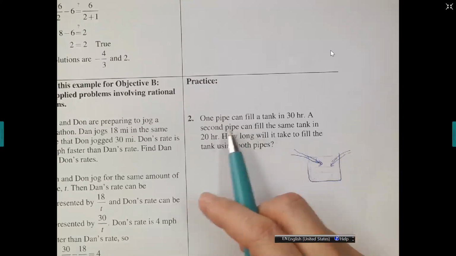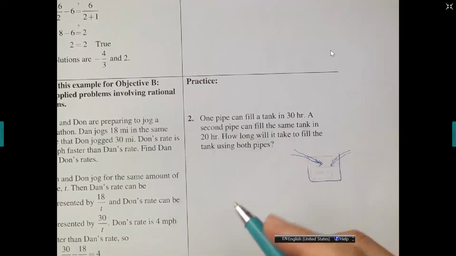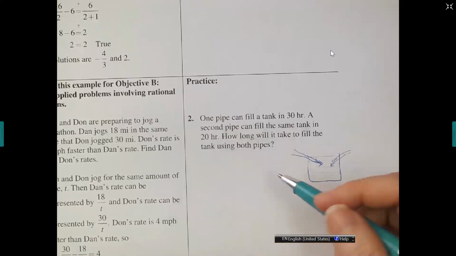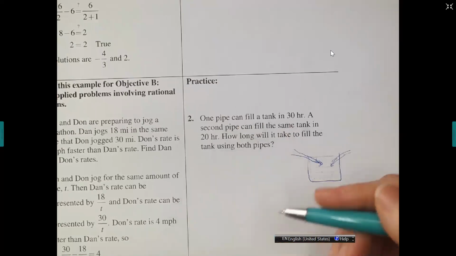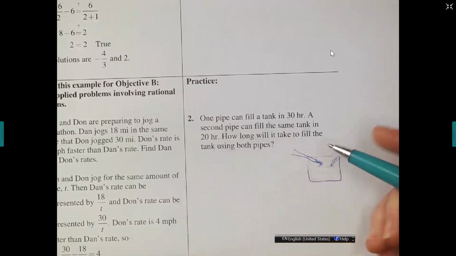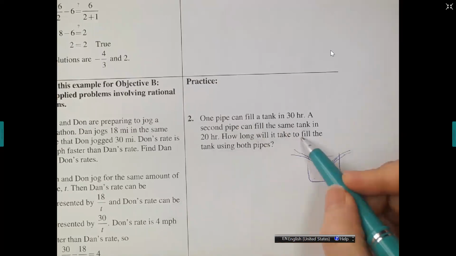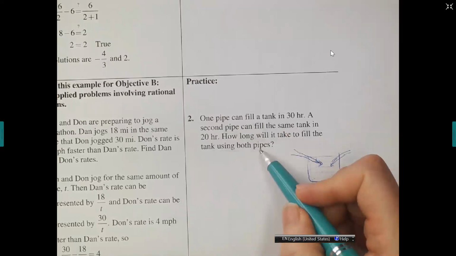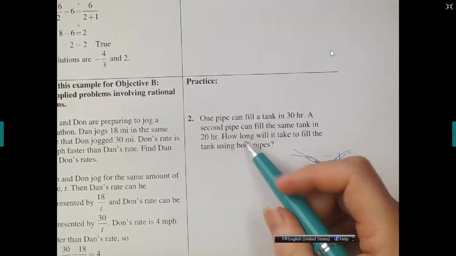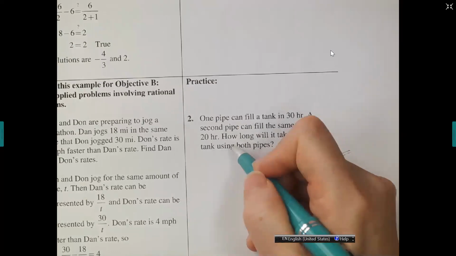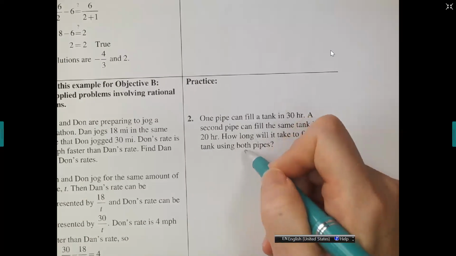After we read the problem, we assign a letter to the unknown, to the question. How long will it take to fill the tank? I don't know. How long means how many hours. Let's assume it's going to be X hours. Or you can choose another letter, T hours. It's totally up to you.